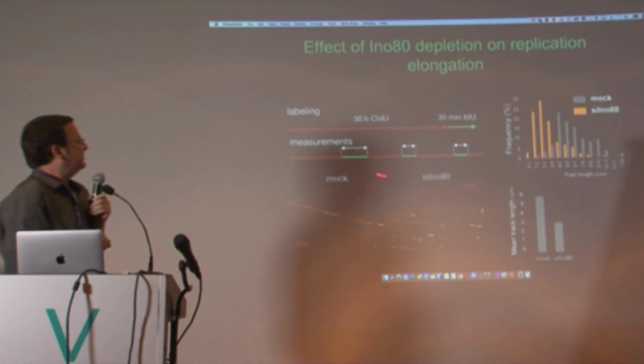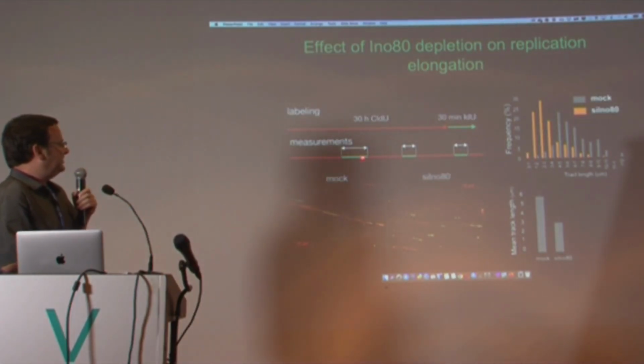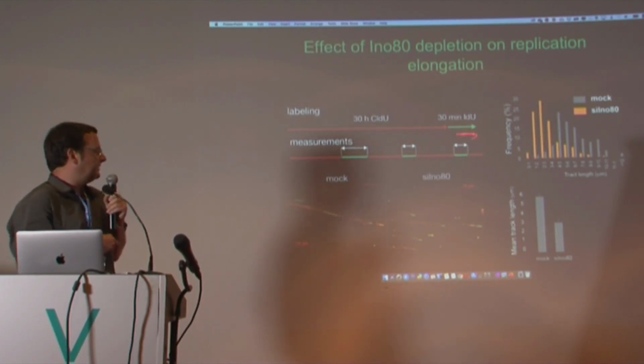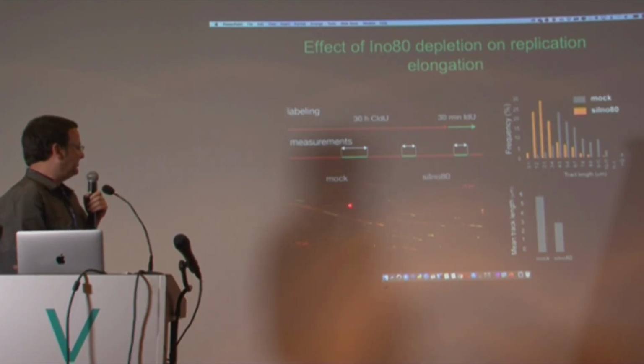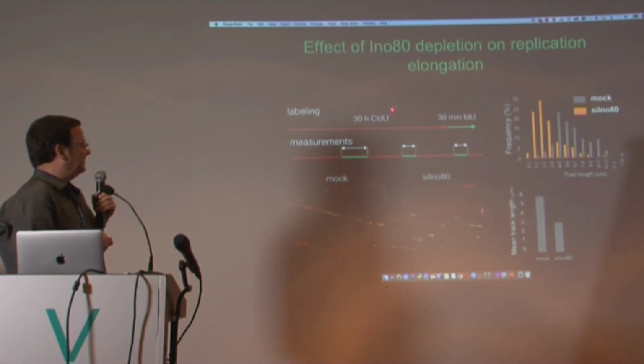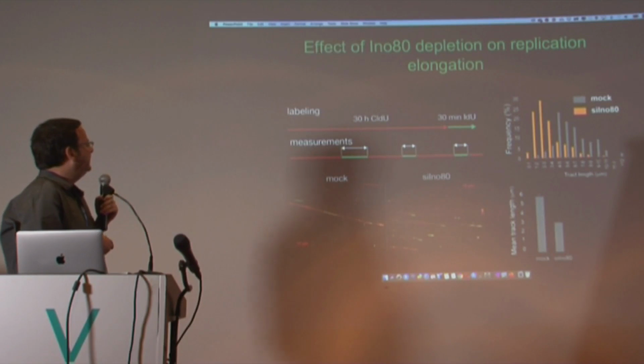So we next checked what happens at the level of single replication forks, and to do this, we applied DNA fiber labeling, which is basically staining the tracks of single replication forks with consecutive labeling with two halogenated nucleosides.